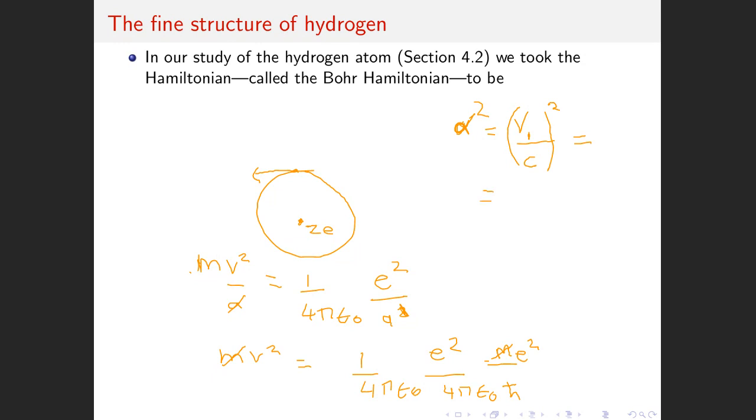It is given by e squared over 4 pi epsilon 0 h bar c, because we're dividing by this squared. This number works out to be 1 over 137 point something, and it is called the fine structure constant, and it's a very important number.